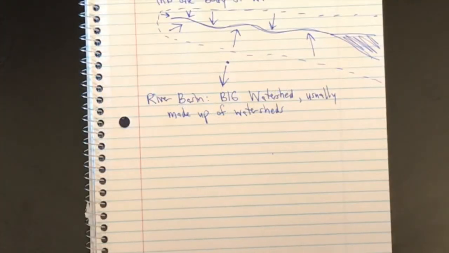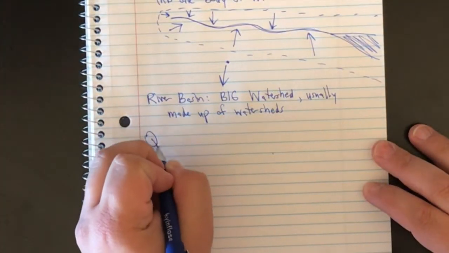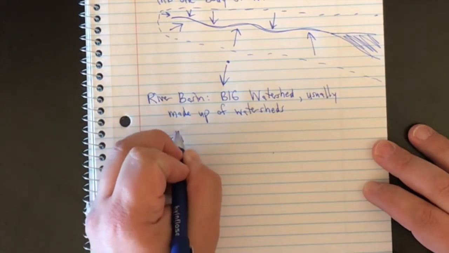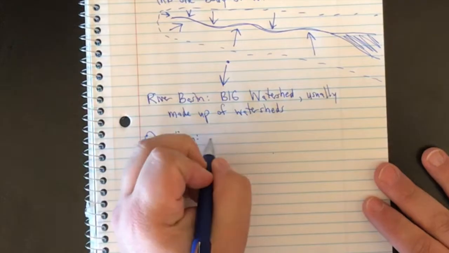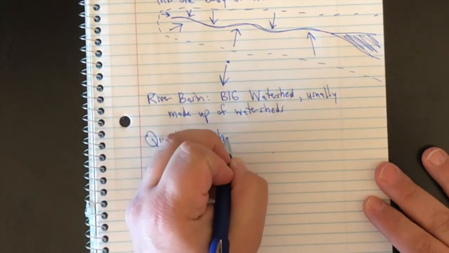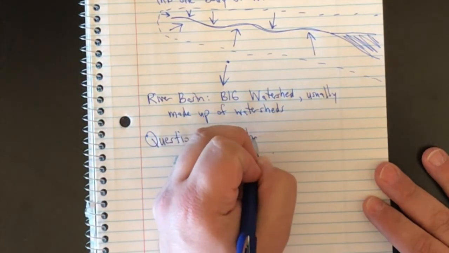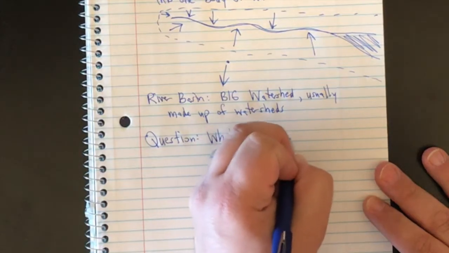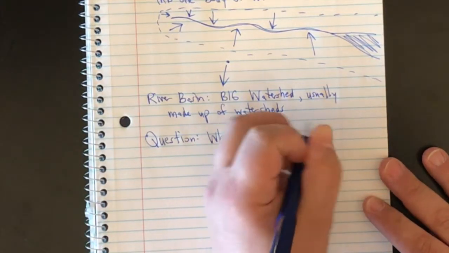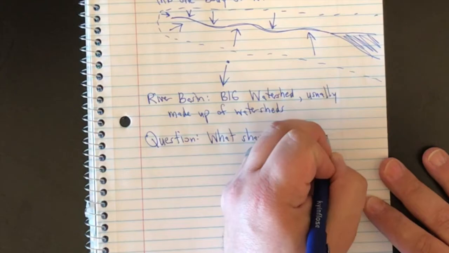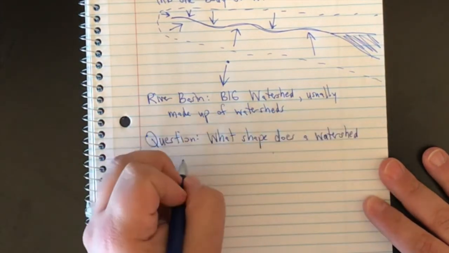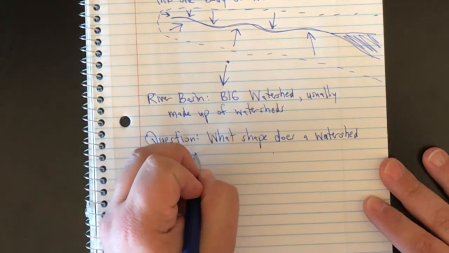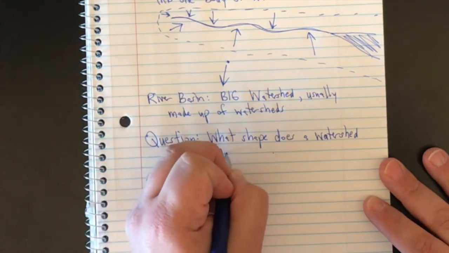So here's today's lab. The question we're trying to answer is, what shape does a watershed usually have?